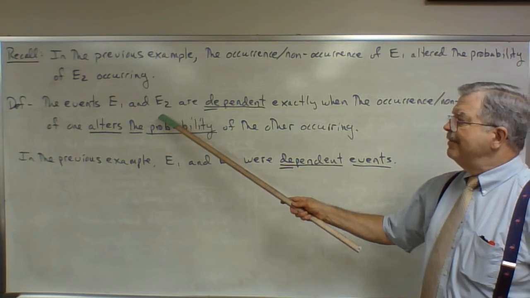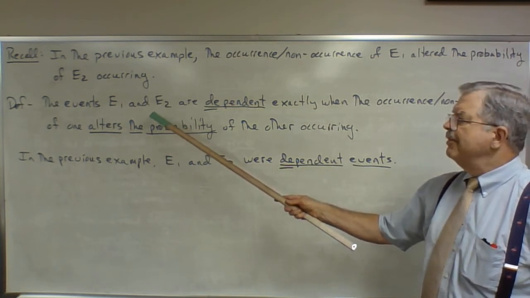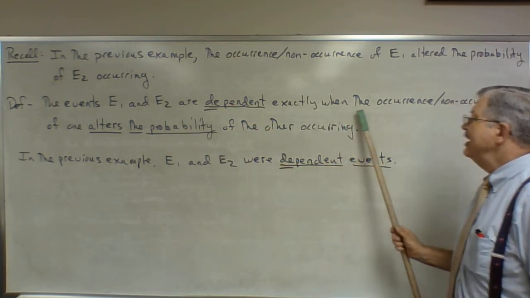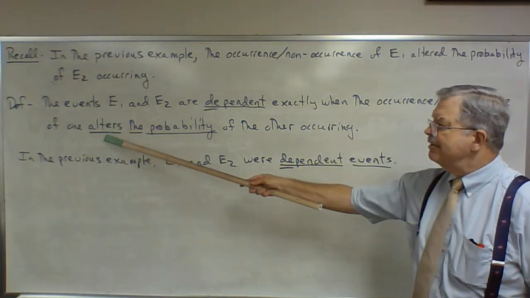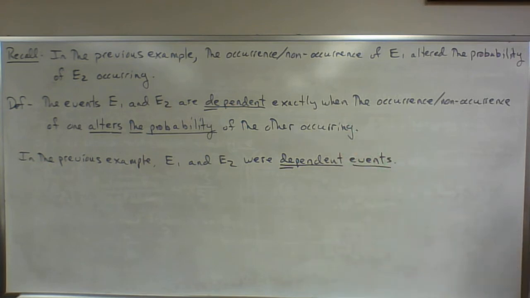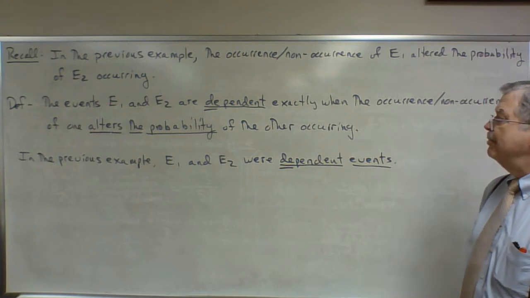So here's a definition that describes what just happened. The events E1 and E2 are dependent exactly when the occurrence or non-occurrence of one event alters the probability of the other event occurring. And that was definitely the case in our example.